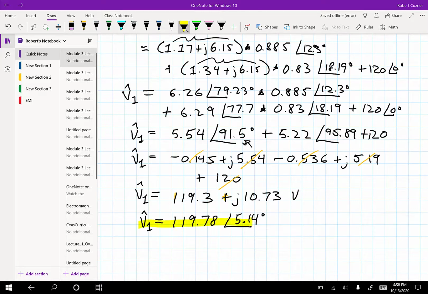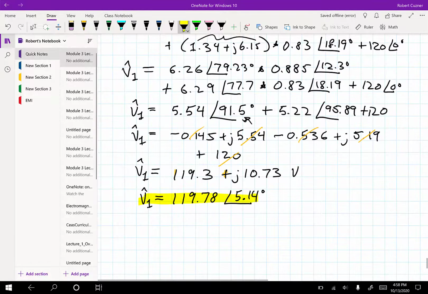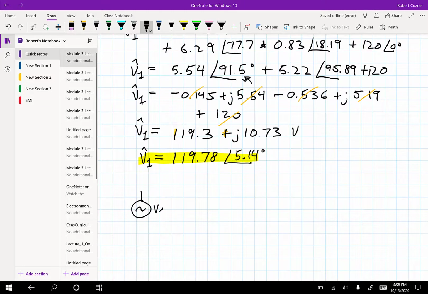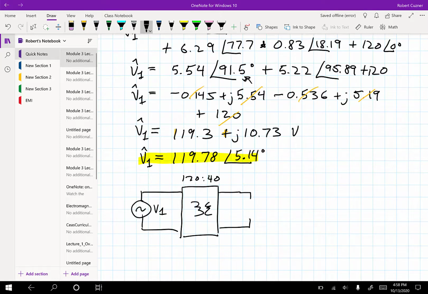Okay, so there you go. What we're saying in this case is that I've got a primary side voltage applied to this thing. This is the transformer. I'll just show it as a box with the turns ratio shown this way. And then we've got a load that's a leading load.